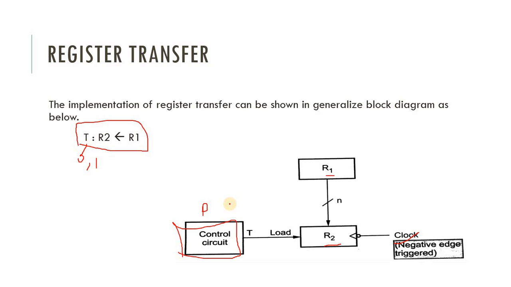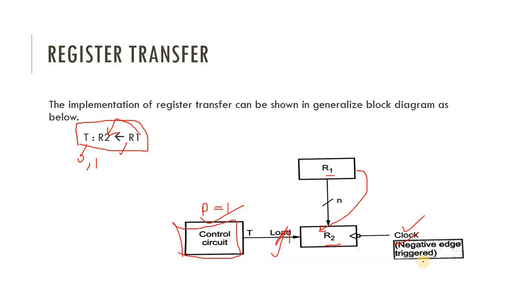When the control function is activated, it means when the value of the control function equals 1, at that time the load function will be activated, and at that time this statement is executed, and the statement means the data of R1 is transferred to R2. When it is transferred, the control function's value equals 1. At that time the value of the clock pulse will be positive, and the execution is started and all the data of R1 is transferred to R2.